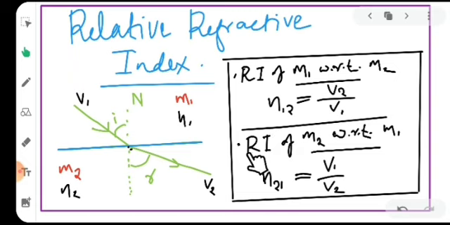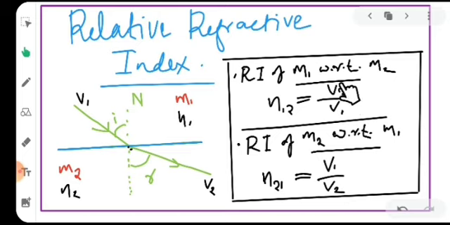Similarly, we can do the reciprocal of this, that is the refractive index of material 2 with respect to material 1, and in its notation it looks like this: the refractive index of material 2 with respect to material 1 equals velocity of material 1 over the velocity of material 2.